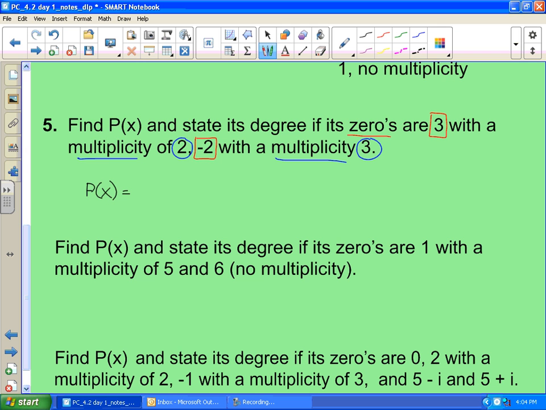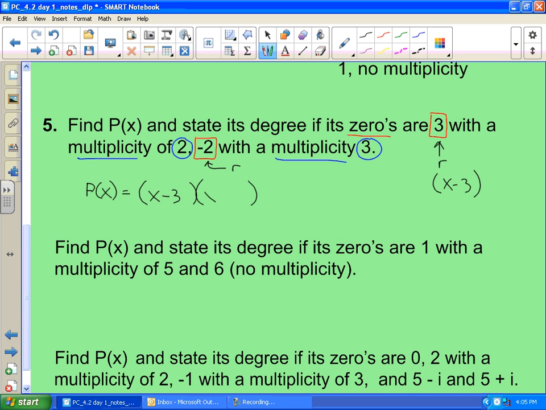So maybe we start out with writing just what the zeros are, but write them now as factors. If one of my zeros is a 3, remember that this is an r. That would mean x minus 3 would be one of my factors. And once again, I have a negative 2. That's an r.